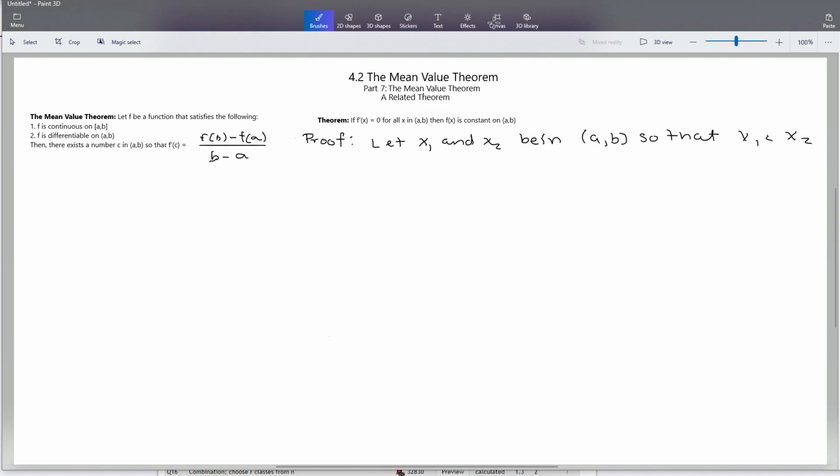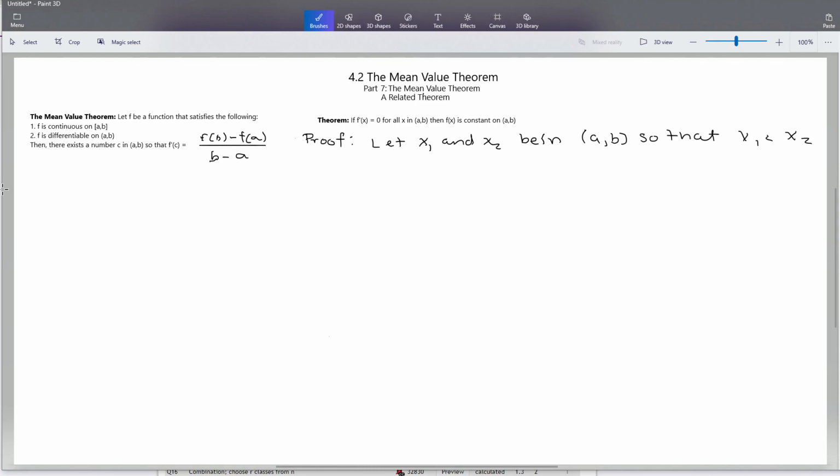Okay. Now, we want to try to use the mean value theorem on f of x. And we can't use it right away, right? We know that f prime of x exists on the open interval AB, right? So we could potentially just say, okay, well, that checks off part 2. We know that f is differentiable on AB.